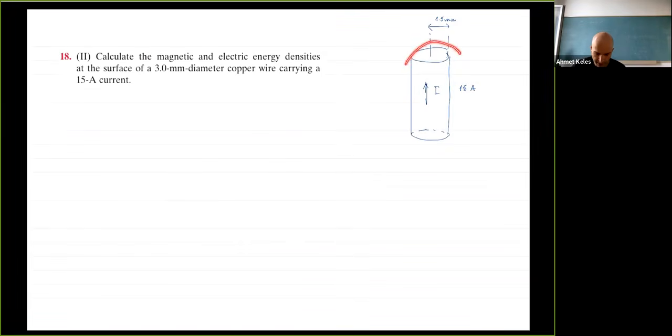So you have a copper wire, its diameter is 3 millimeters, so radius is 1.5 millimeters. And you pass a current I, 15 ampere, and you'd like to calculate magnetic and electric energy densities at the surface, anywhere on the surface.